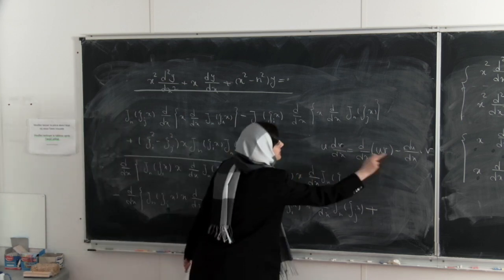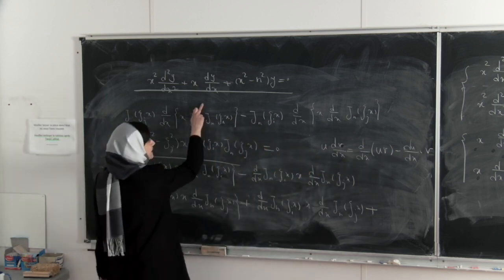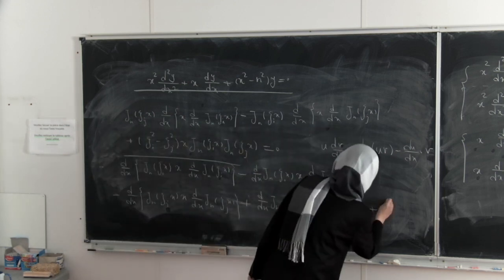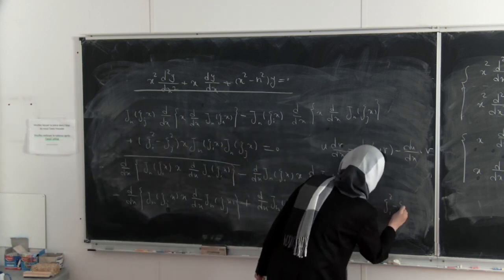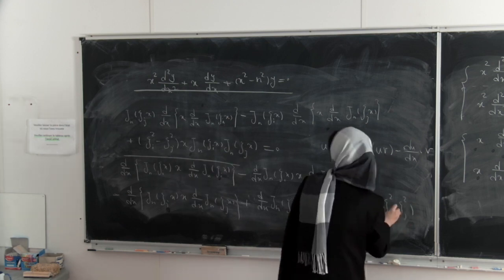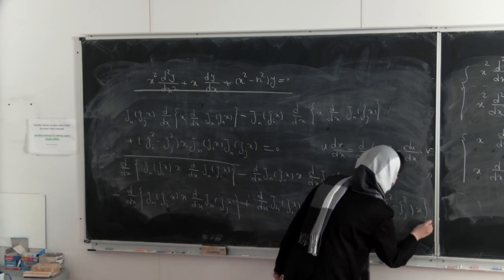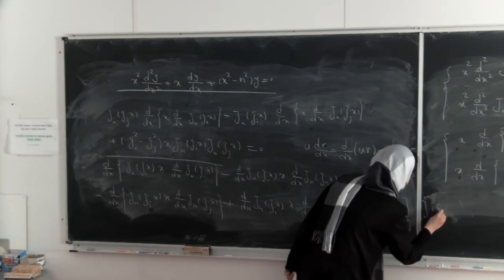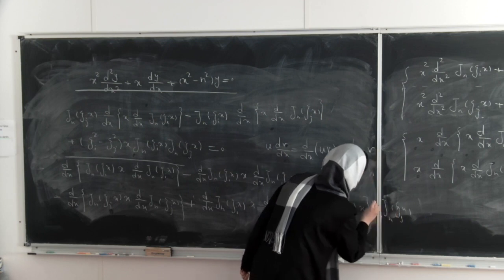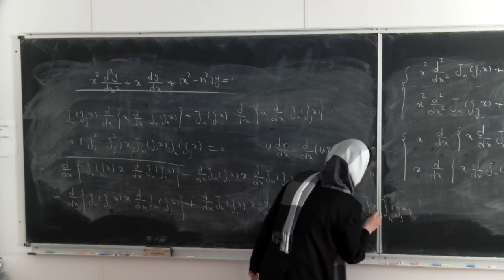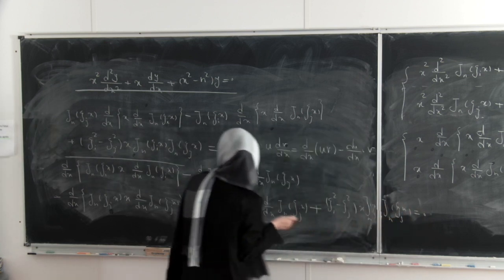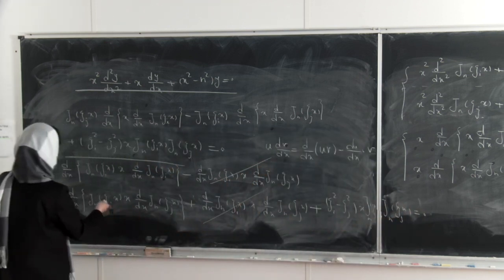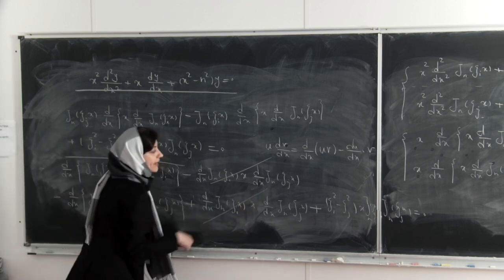We use this equation for this part, and we have this section chi i squared minus chi j squared, x Jn of chi j x Jn of chi i x equals 0. We can omit these two terms, so we have this equation.